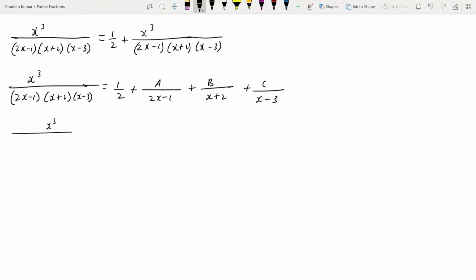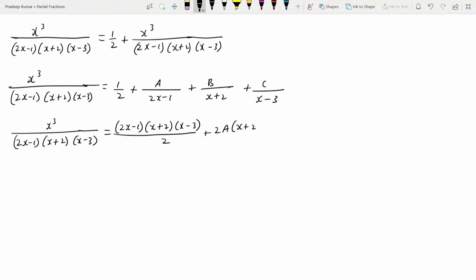I can write (2x - 1)(x + 2)(x - 3) over 2, plus A into, since 2 is also there, 2A(x + 2)(x - 3), plus 2B(2x - 1)(x - 3), plus 2C(2x - 1)(x + 2).